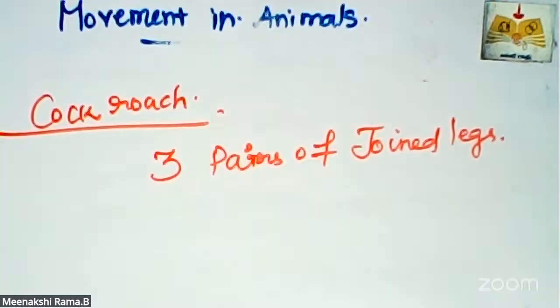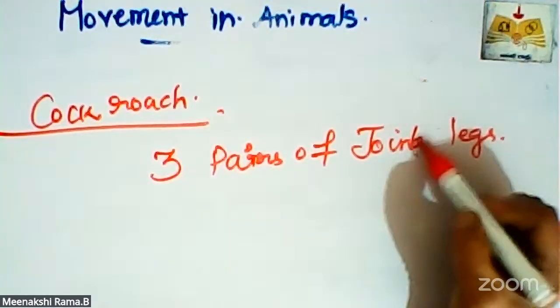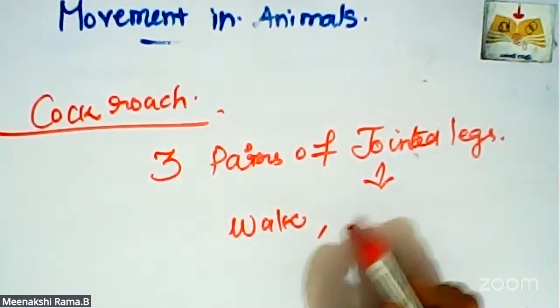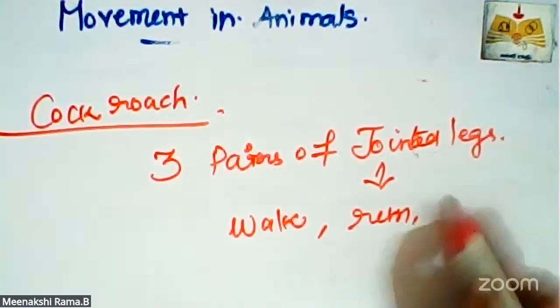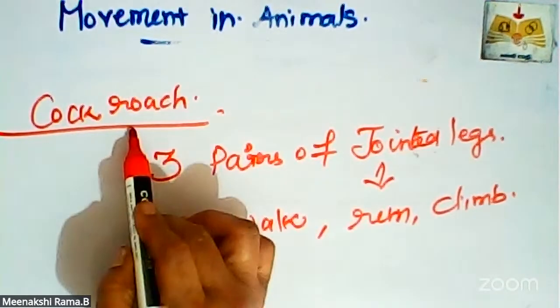Okay. The cockroach has 3 pairs of jointed legs, which help it to walk, run and climb. These 3 actions are possible in the cockroach.